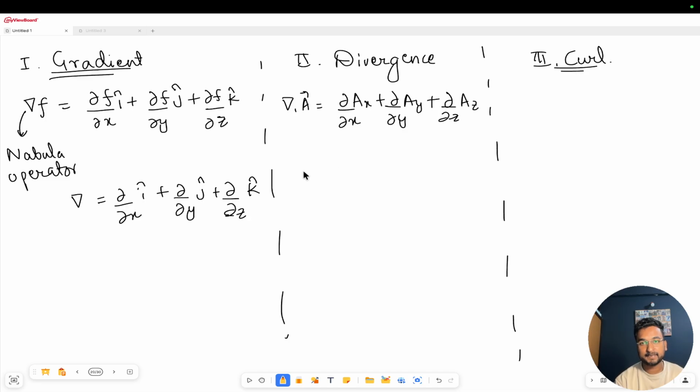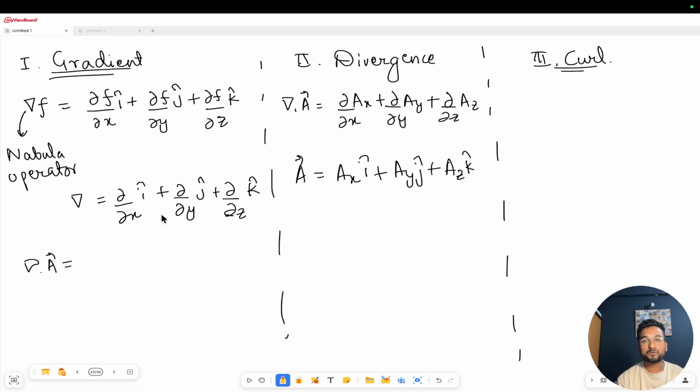What is ax, ay, az here? The given vector field A will be ax i cap plus ay j cap plus az k cap. So you have this nabla operator dot a vector.